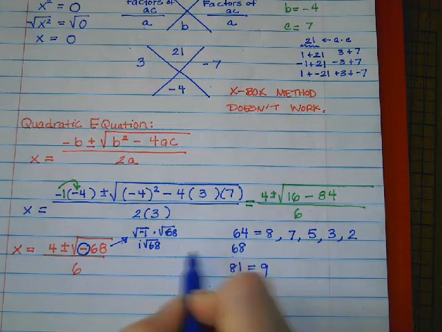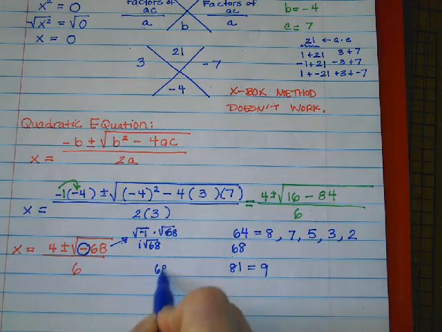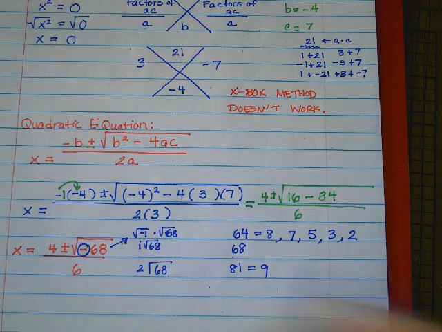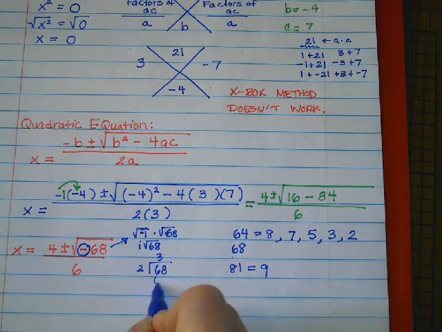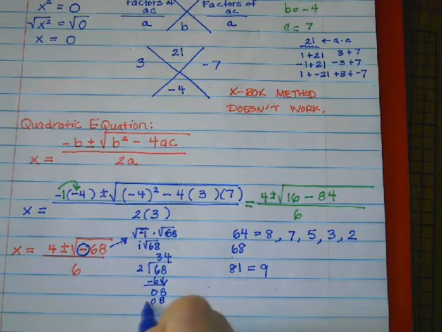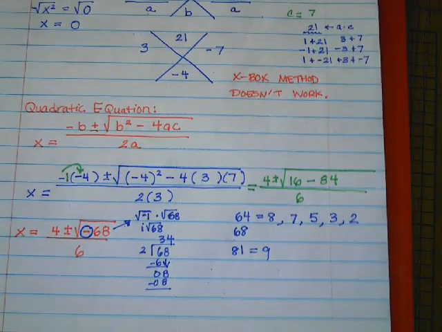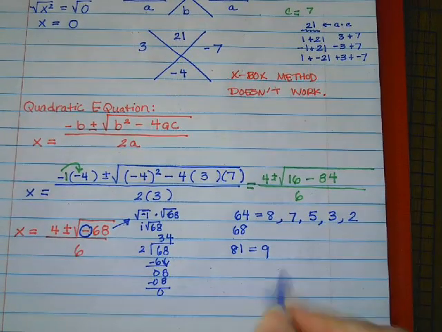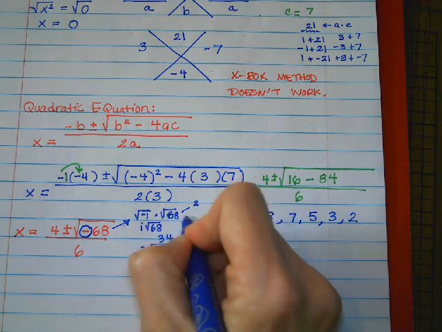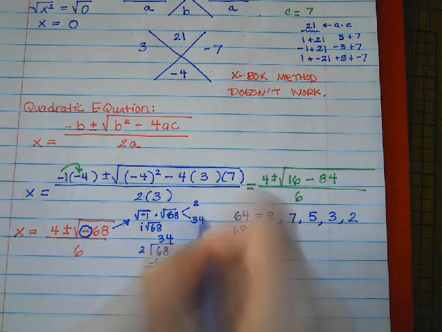So we're going to take our 68 and we're going to divide it by 2. 68 divided by 2 is 34. So now we know that this is the same thing as 2 times 34.